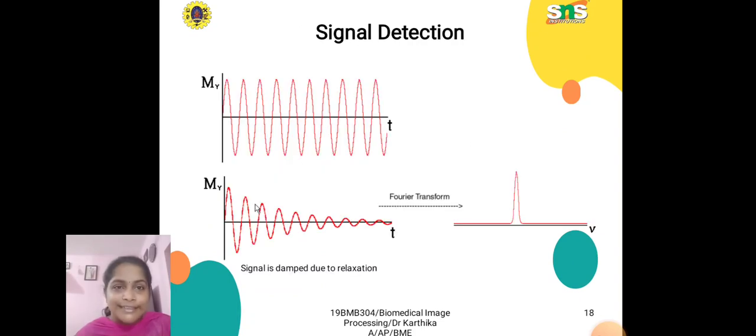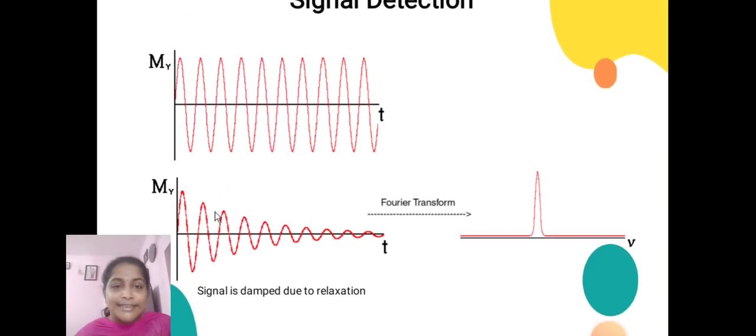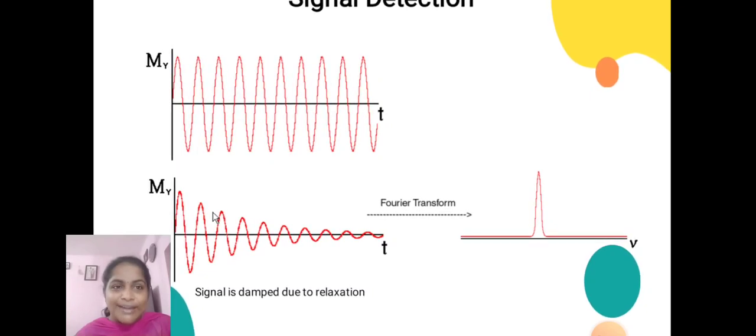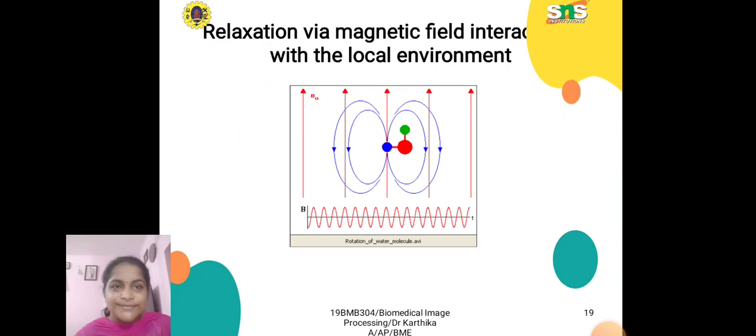Okay, see here the signal detection. The signal is damped due to relaxation, and you have to convert the signal with a Fourier transform for further processing. See here our input signal, the signal damped due to relaxation, and finally our Fourier transform output. And relaxation occurs as the magnetic field interacts with the local environment.